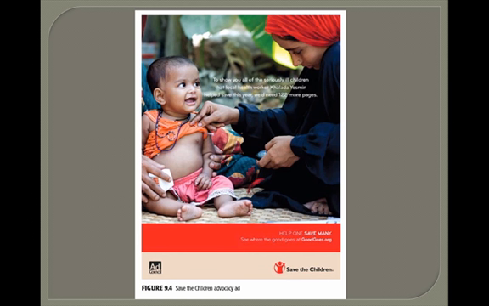I really noticed the look of the baby that the woman is caring for, and how her eyes are locked on to this doctor or to this woman who's caring for her. I noticed that the baby's shirt is lifted up. It exposes a baby's breast, which normally you don't see that much in ads, so it stands out to your eye.